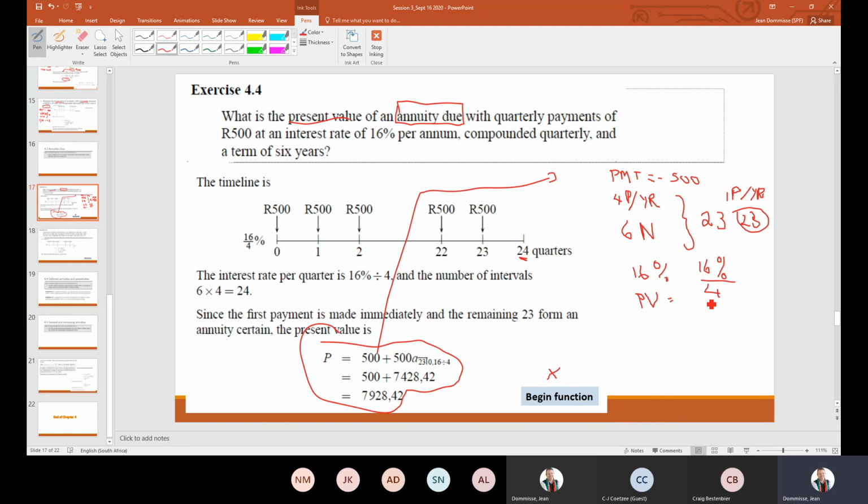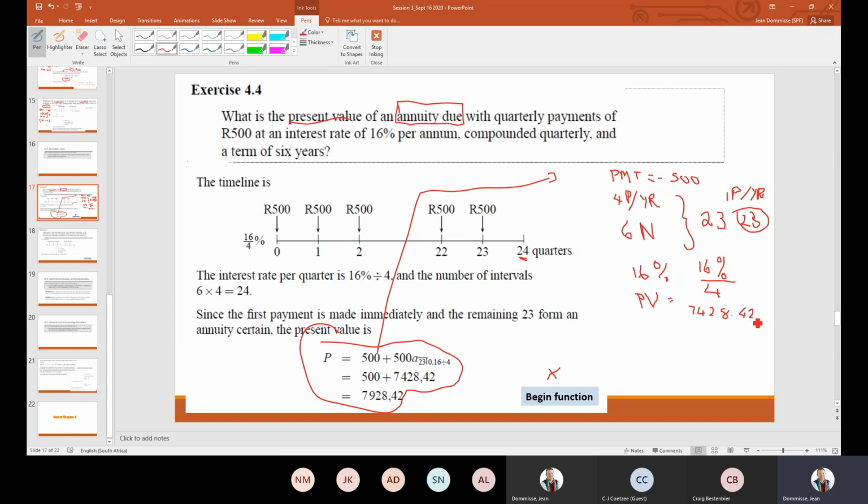My interest rate will be 16 divided by 4, so it's 4%. It is minus 500 PMT, 0 future value. So my present value would be 7428.42.